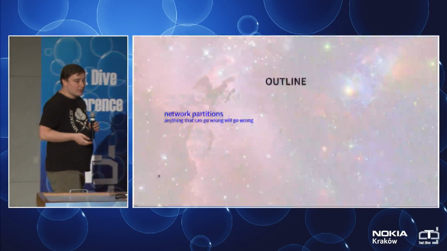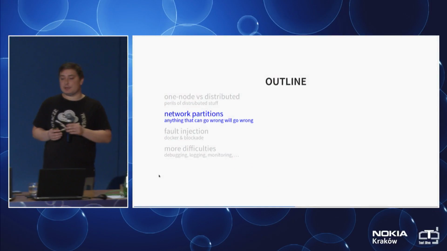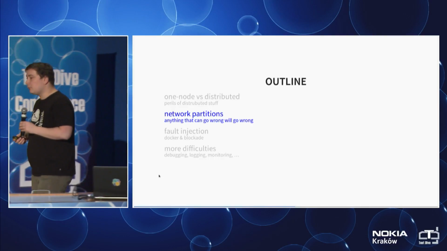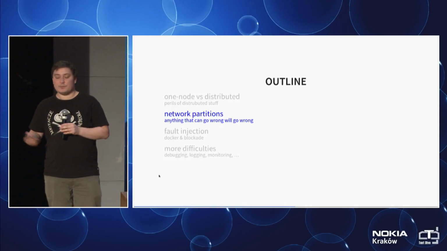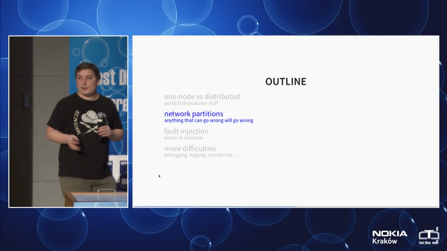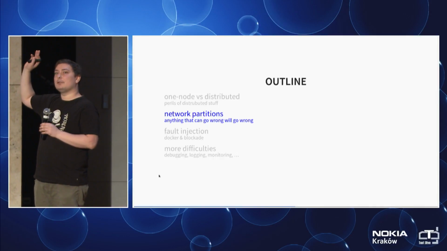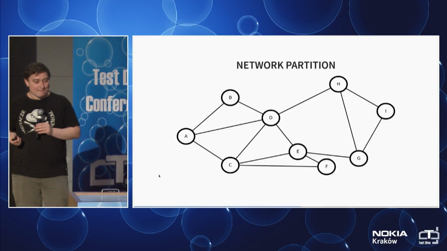Okay, now let's see what a network partition is. This is especially important from the testing perspective, and I will let you know why. But before I do this, let me show what a network partition is. Do you know what a network partition is? Who knows? Show your hands, please. Okay, excellent. So it's not rocket science.